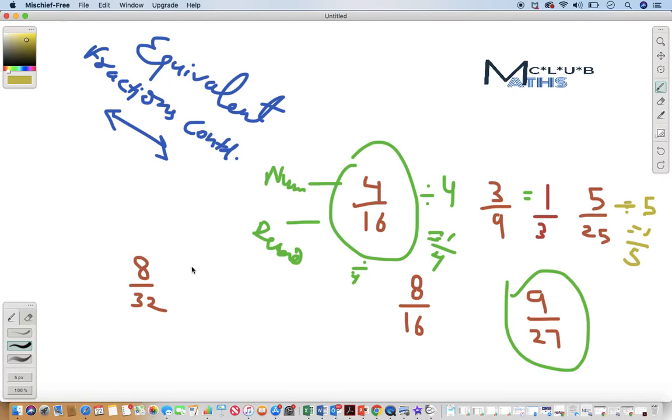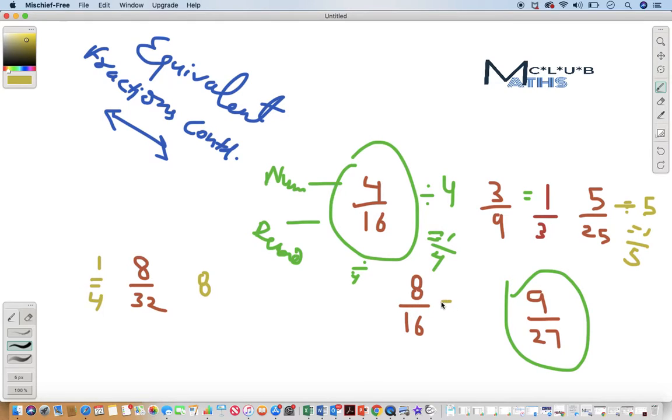We can go on and on with different examples like 8 by 32. If I divide by 8 itself, it will come out to be 1 by 4. You can see that I'm only dividing the numerator and denominator by exactly the same number, and I'm getting the equivalent fraction. So my equivalent fraction is 1 by 4.